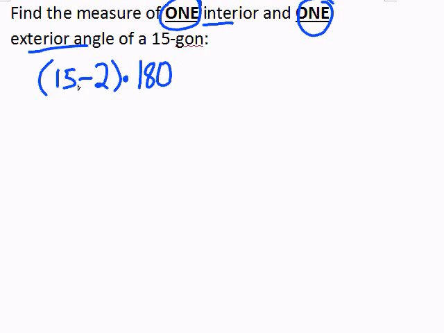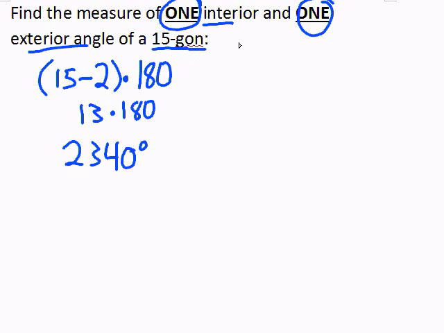Our number of sides is 15, so 15 minus 2 is 13, and 13 times 180 is 2,340. So all of our interior angles add up to 2,340 degrees.